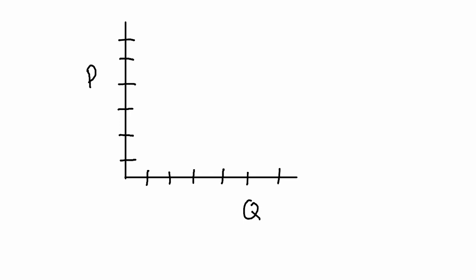So let's just say $1, $2, $3, $4, $5, and this is a box of donuts, and these quantities are in dozens of donuts, for example. At $1, the quantity demanded is going to be really high out here. And at $2 it's also going to be really high, but not quite as high.